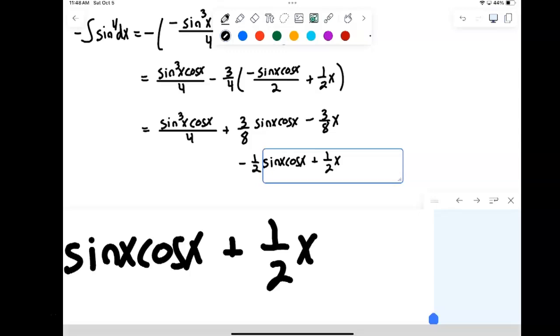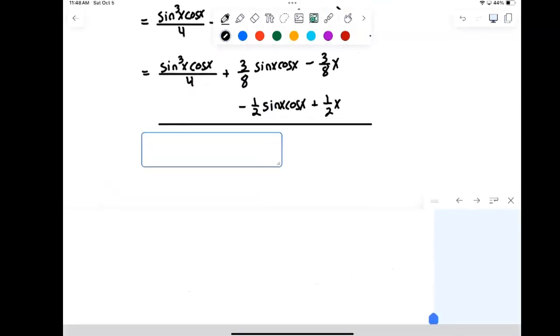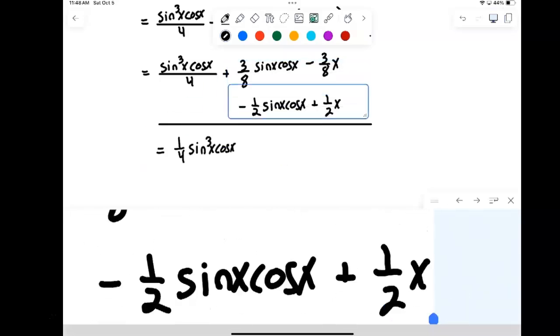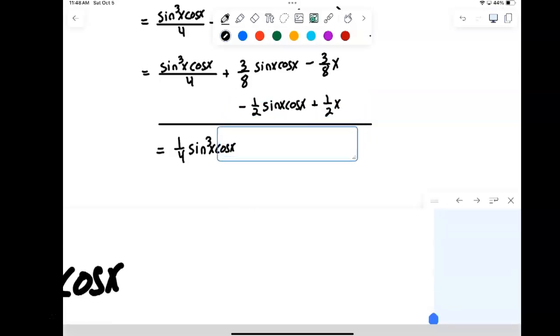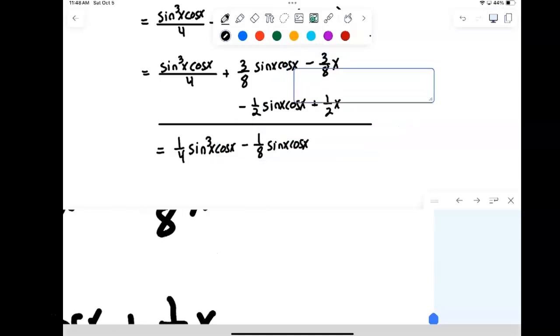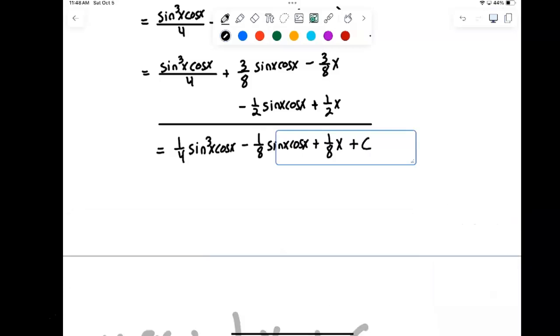And of course, don't forget about the plus c, which we'll take care of later. So putting all this together, we get 1/4 sine cubed x cosine x. We have 3/8 minus 1/2, which will be minus 1/8 sine x cosine x. And negative 3/8 plus 1/2 will be plus 1/8 x, plus our constant.